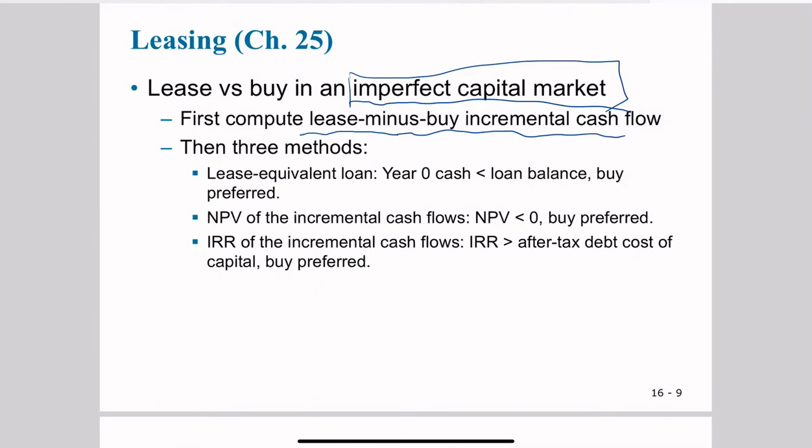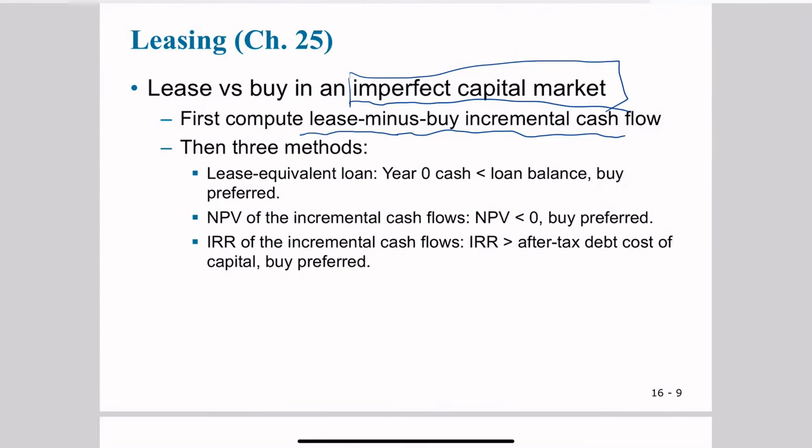Say in the first case, if you want to use this lease equivalent loan, then you will compare the year zero cash flow versus the loan balance. And if the year zero cash flow is smaller compared with the loan balance, then buying is preferred.